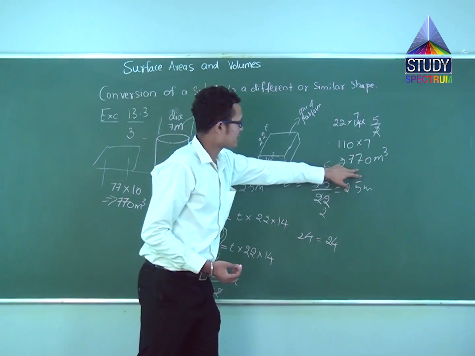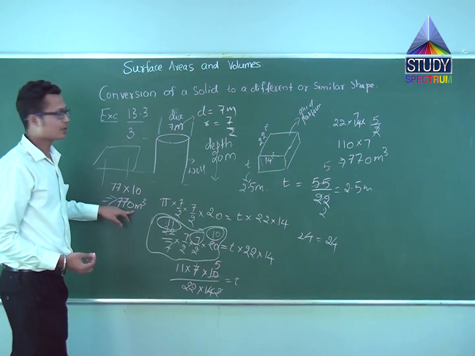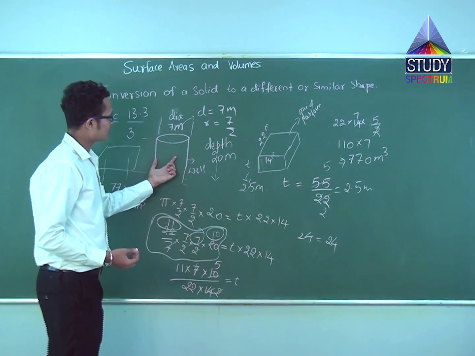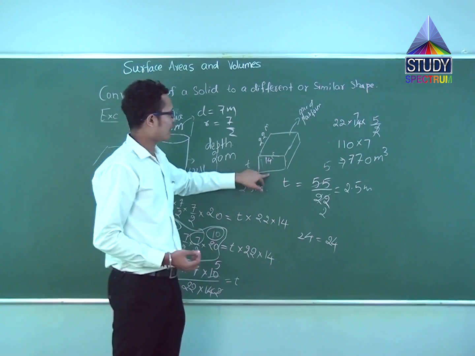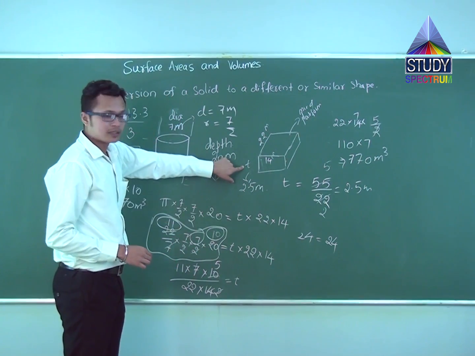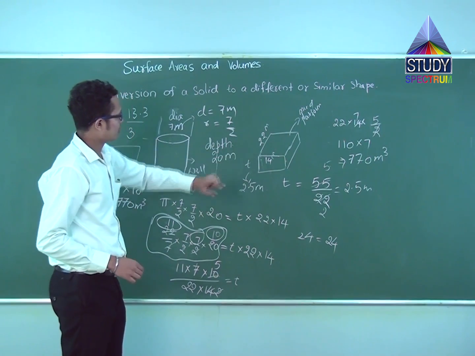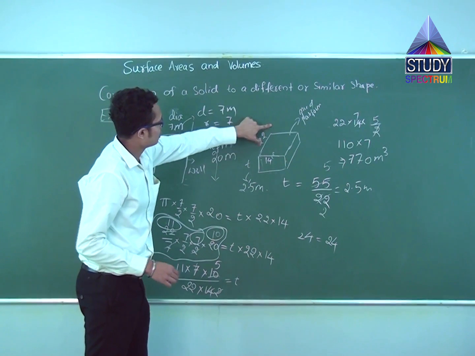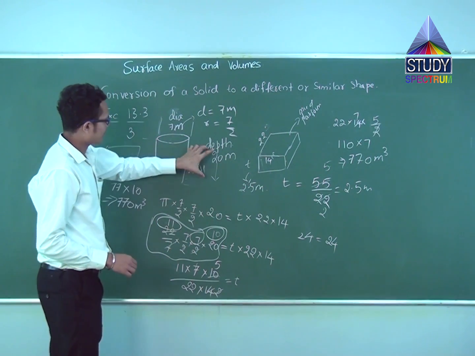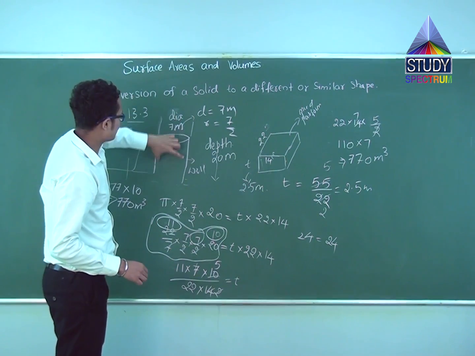After conversion you have 770 meter cube. I'll just quickly explain. The cylinder is dug and the mud is taken out and made into a platform like this, and we are supposed to find out the thickness of this mud. The given dimensions are 22 by 14 meters, 7 meters, and depth. The depth and the diameter of the cylinder are given.